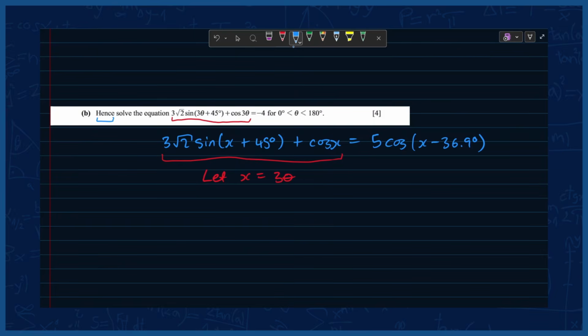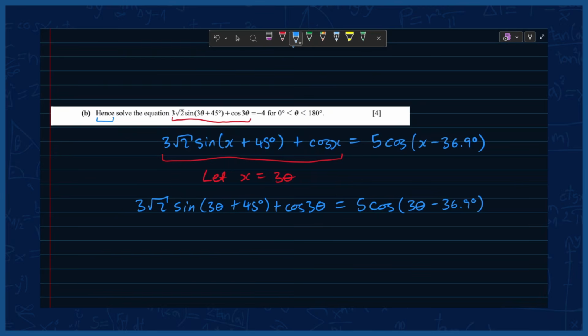So if that's true, this must imply then that 3 root 2 sine(3 theta plus 45 degrees) plus cos 3 theta should be equal to 5 cos. We're simply just replacing the x with 3 theta. 3 theta minus 36.9 degrees.